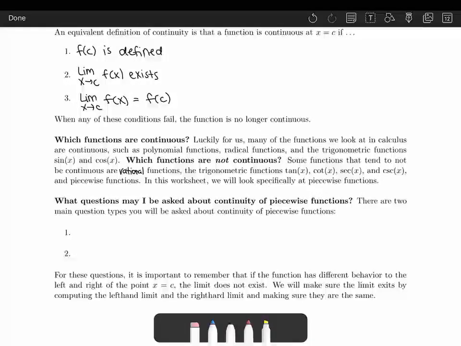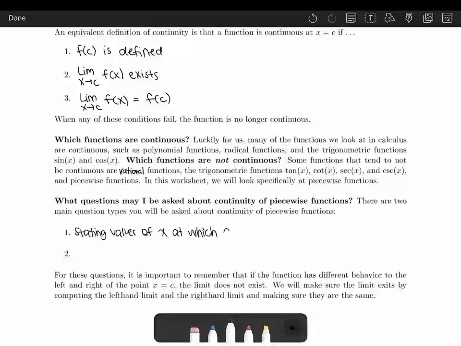The first type of continuity question for a piecewise function is going to be stating values of x at which a function is continuous.